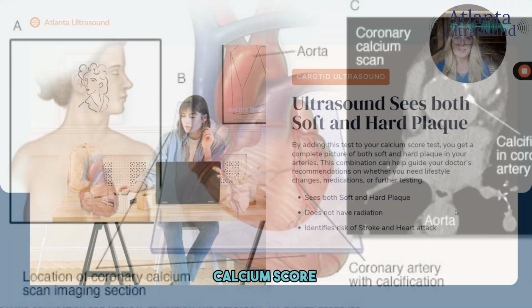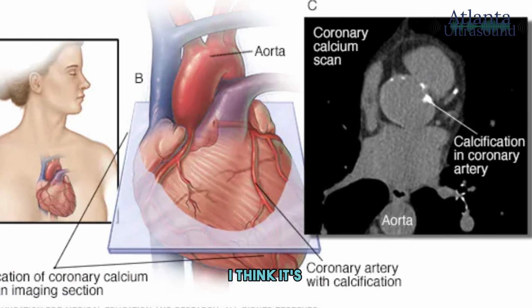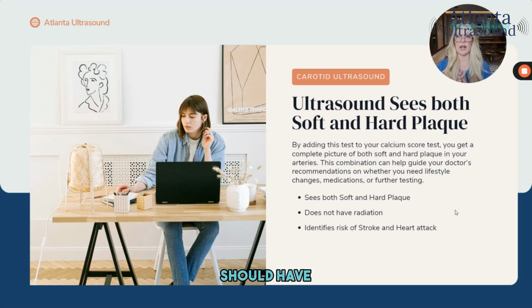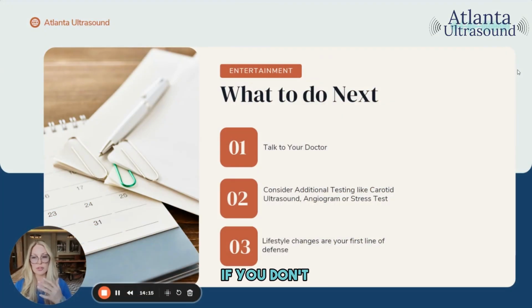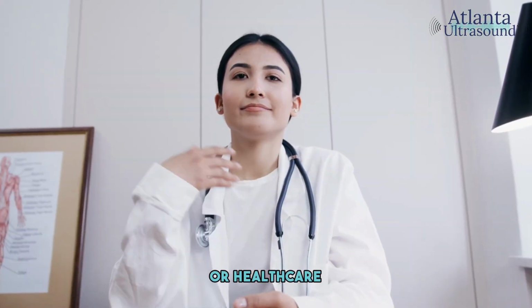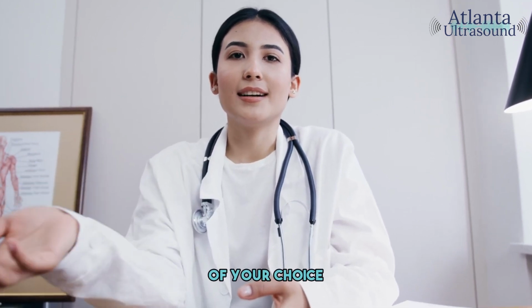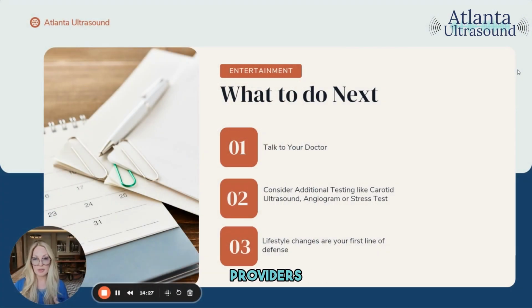Now getting back to the calcium score test and why I think it's not the only test someone should have, because it just doesn't tell the full story. Talk to your doctor first and foremost. If you don't have a provider, feel free to go ahead and find a good functional medicine provider or healthcare provider of your choice. I prefer functional medicine providers because they tend to be more preventive, so that's just my personal cup of tea, but of course, whatever is a good fit for you is the best one.